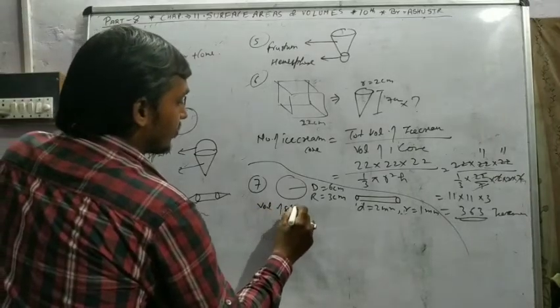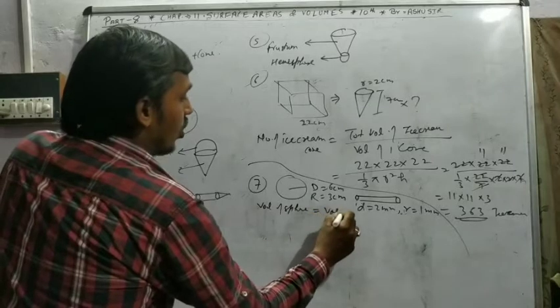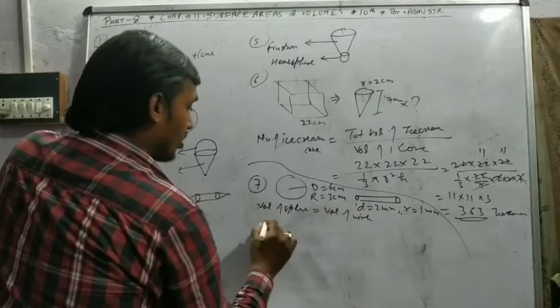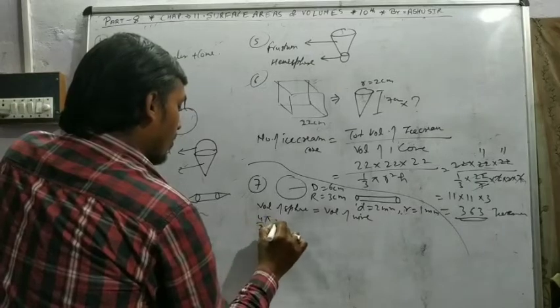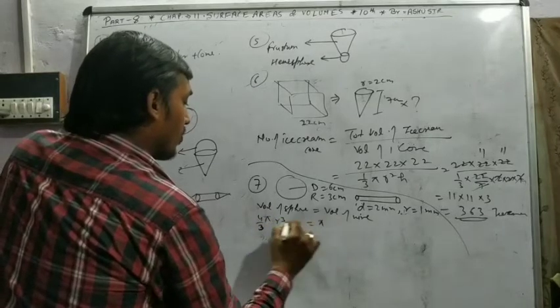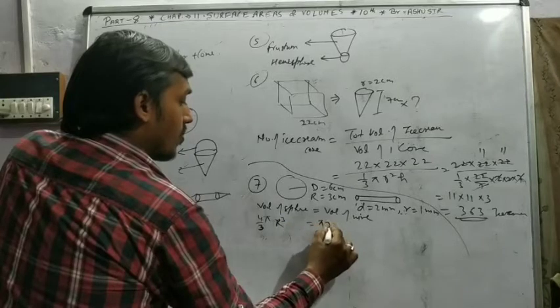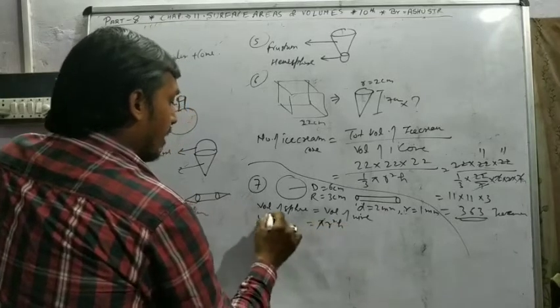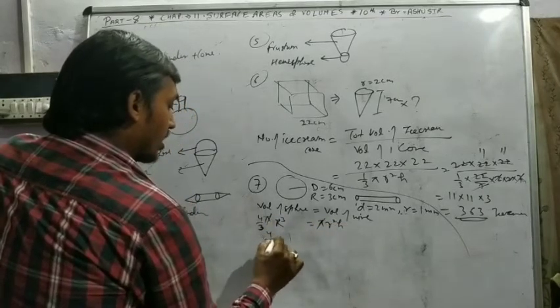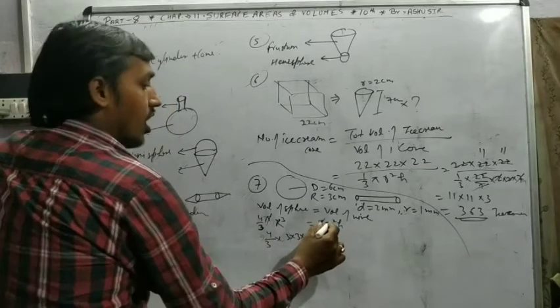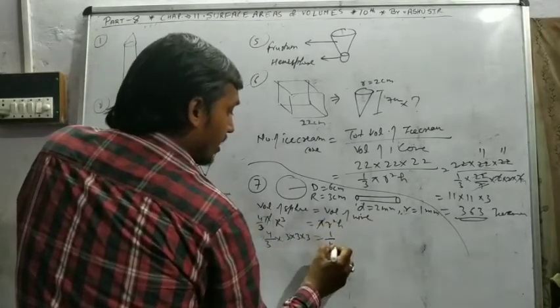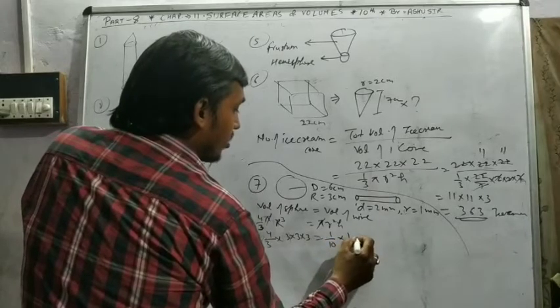Simple: volume of sphere is equal to volume of wire. 4 by 3 pi r cube equals pi r square h. Pi cancels, 4 by 3, r is 3 into 3 into 3, and this r is 1 by 10, into h.